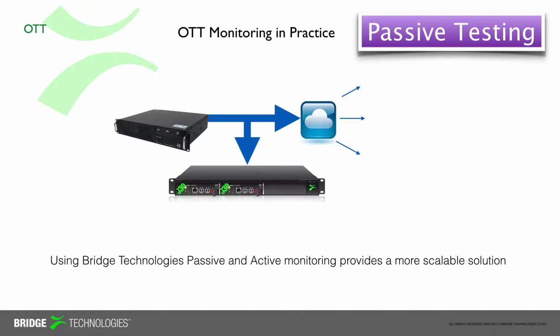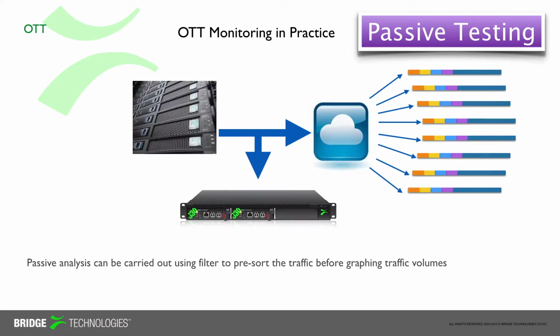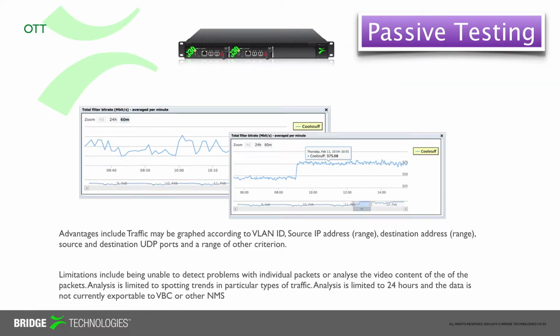We do have the ability to do some passive monitoring in a Bridgetech probe, and I will explain that and show you it live on a probe itself. We can filter the traffic on an interface, and this gives us the ability to filter out traffic coming from a particular server, or filter in traffic going to a particular range of destination addresses.